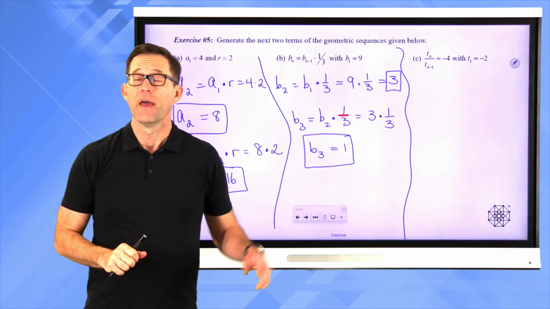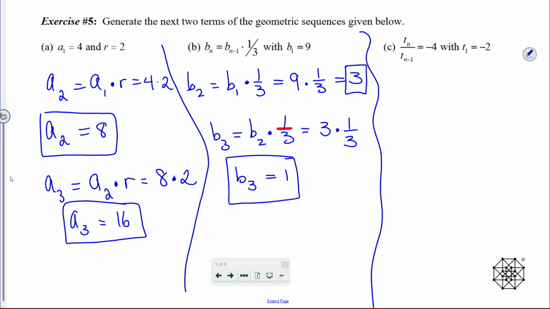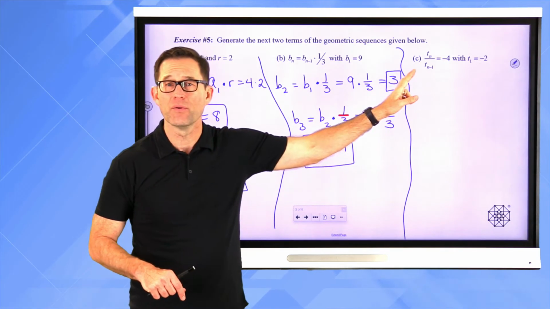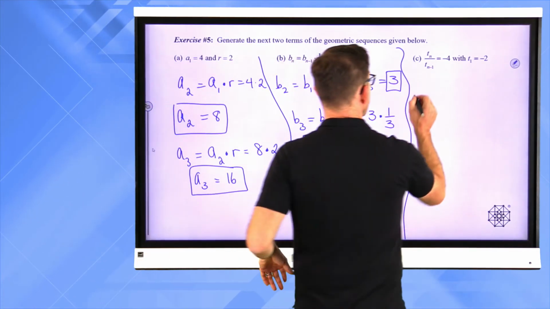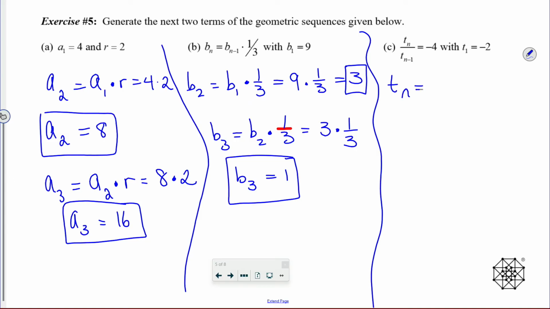All right, and finally, letter C. Very similar to letter C when we did the arithmetic sequences, I've got Tn divided by Tn minus 1 is equal to -4. Now again, if this is bothering you, you could rearrange this into Tn is equal to Tn minus 1 times -4.